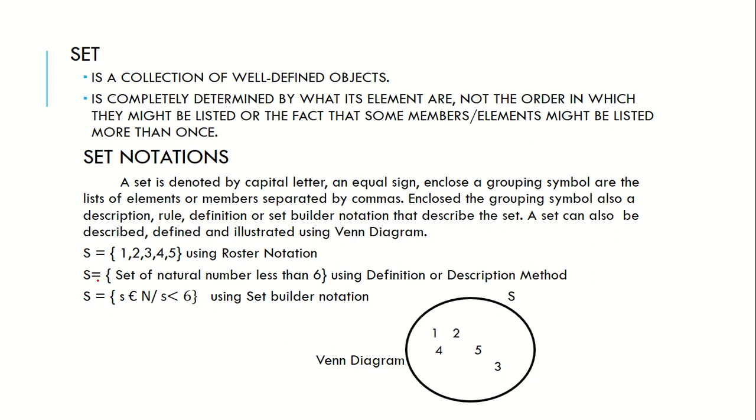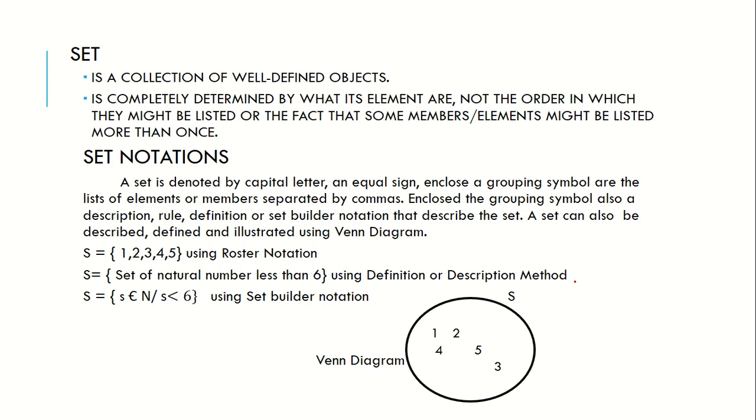Set S here is also the set of natural numbers less than 6. In this notation, we use a definition, description, or rule method to describe or denote the given set. Generally, we use the rule, definition, or description method to describe or denote an infinite set.